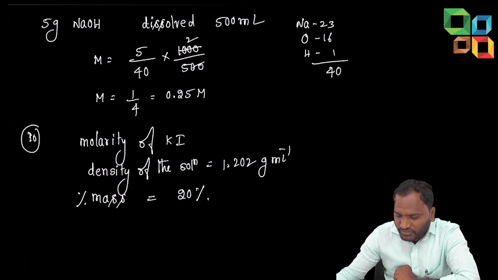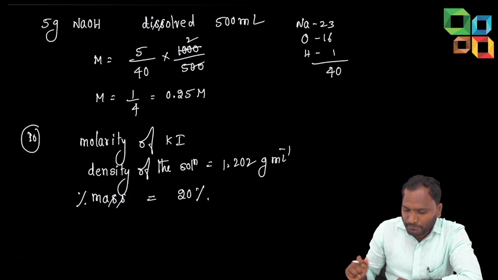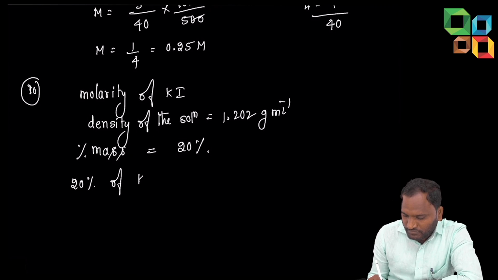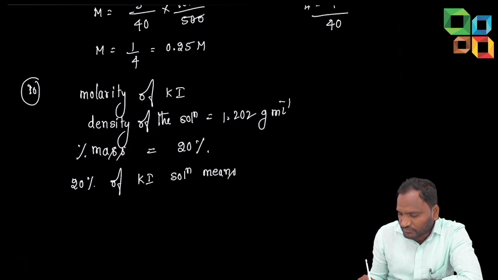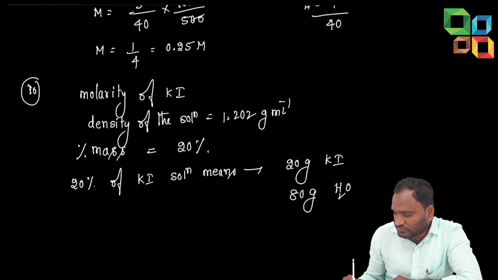Mass of solvent we got to know. So 20 gram of KI present in 80 gram of what? Solvent.